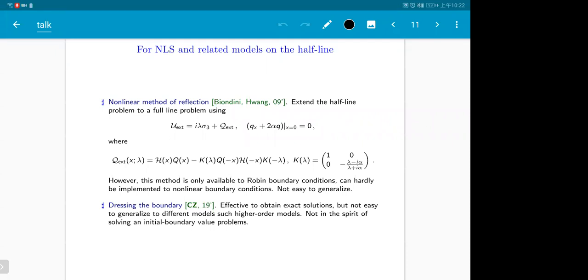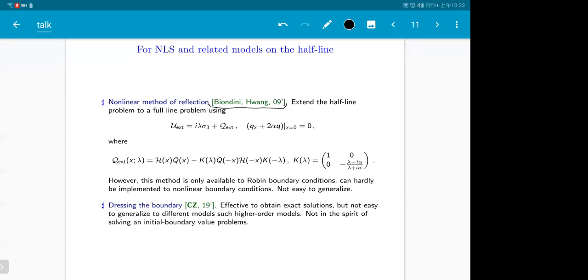For the NLS equation and certain related models on the half-line, you can actually solve this problem. One approach was developed recently by Biondini and Wang. They use what is called the nonlinear method of reflection, which is the nonlinear version of the method of reflection for solving linear PDEs on the half-line.